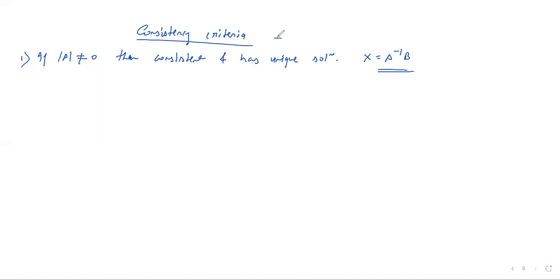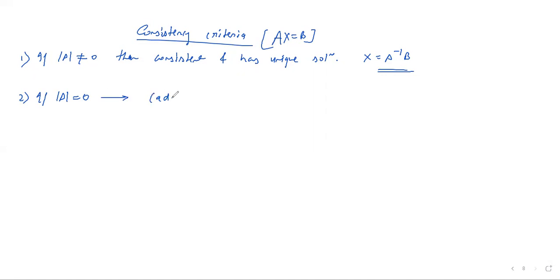Sorry, did I say homogeneous? No, it's basically for Ax equals B, not for the homogeneous system only. So if we have determinant of A equal to 0, that means the matrix is not invertible.